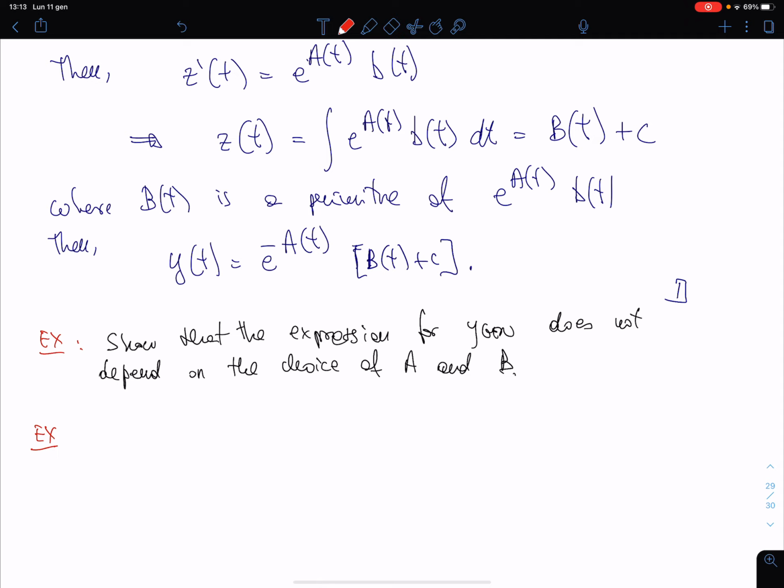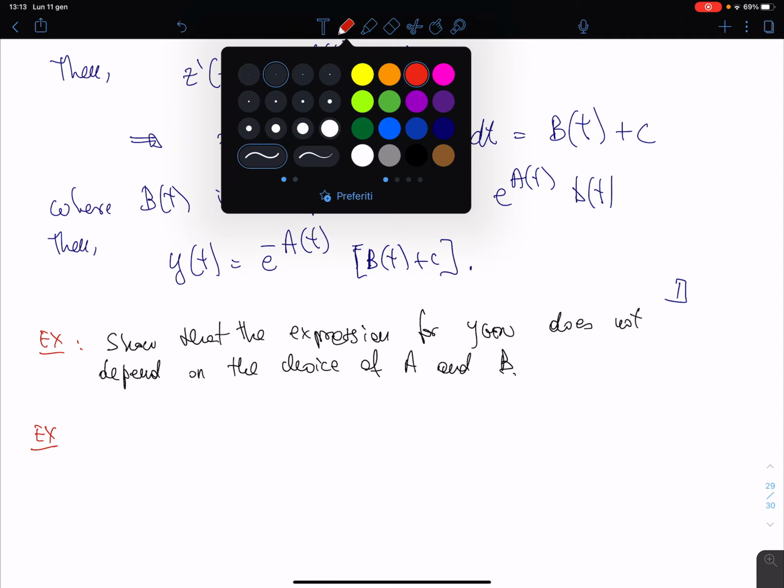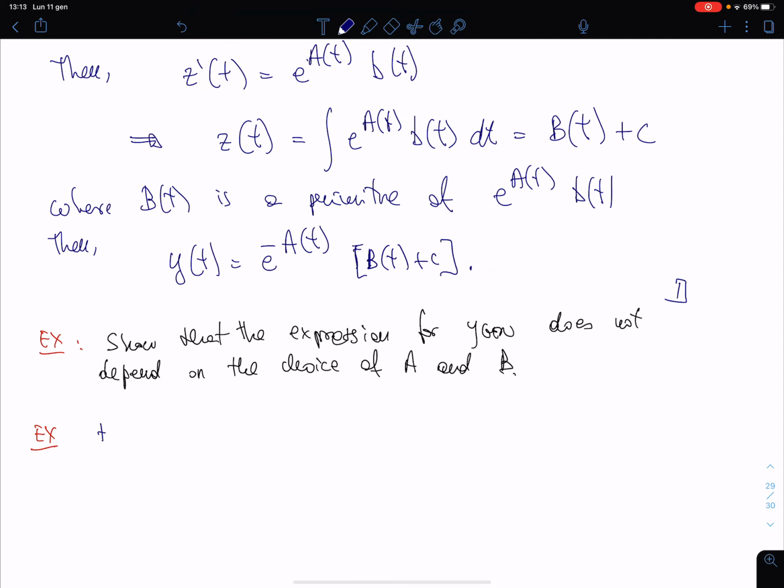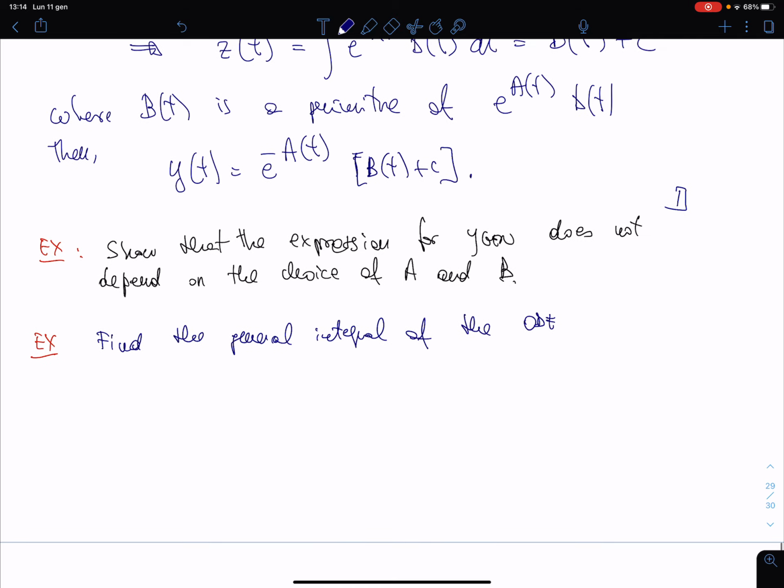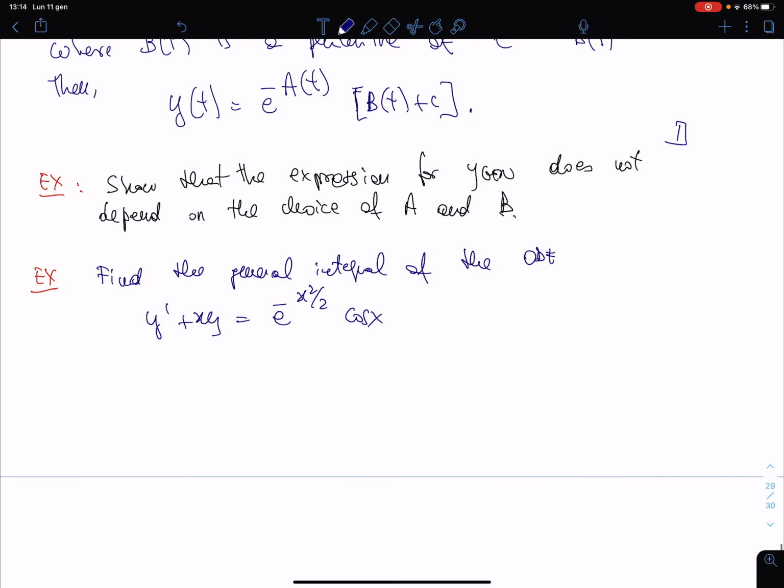So exercise 1 is: find the general integral of the ODE y prime plus xy is equal to e to the minus x squared over 2 cosine of x.